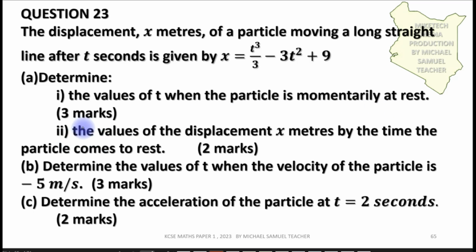Roman 2, the values of the displacement x meters by the time the particle comes to rest. Then part B: determine the values of t when the velocity of the particle is minus 5 meters per second. Then part C: determine the acceleration of the particle at t is equal to 3 seconds.